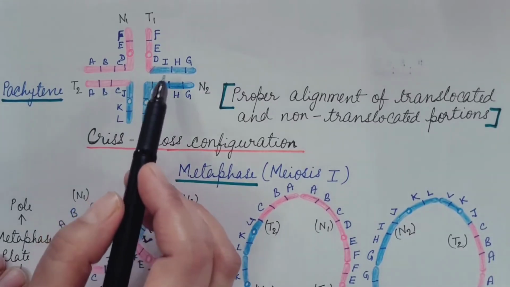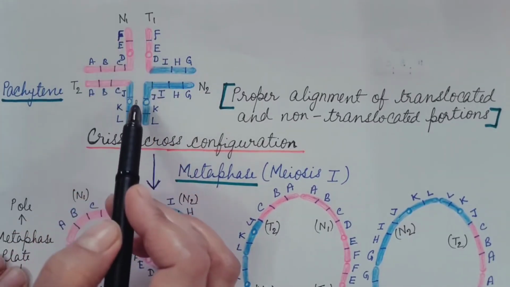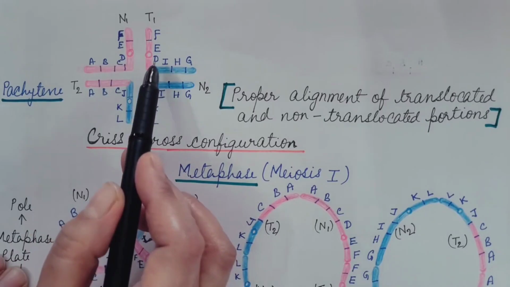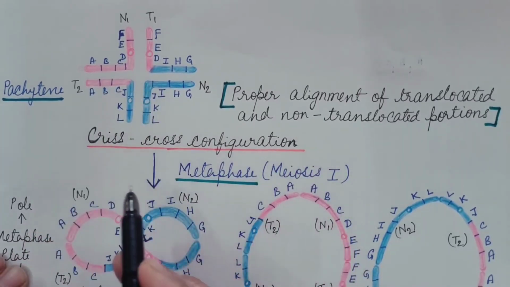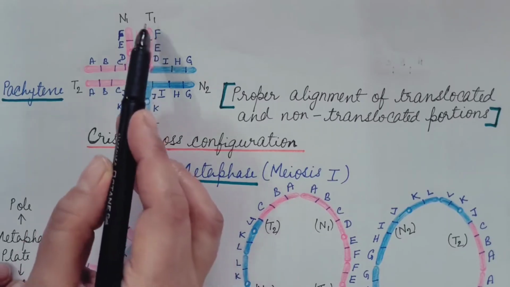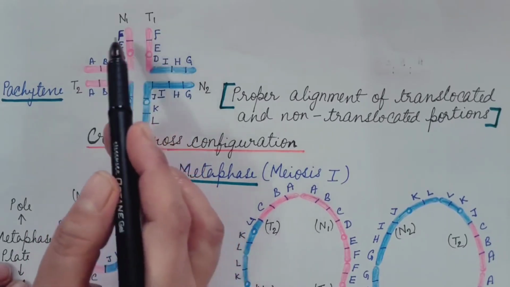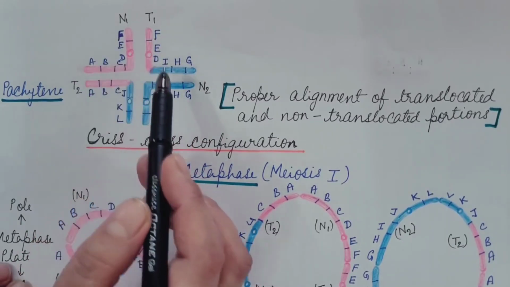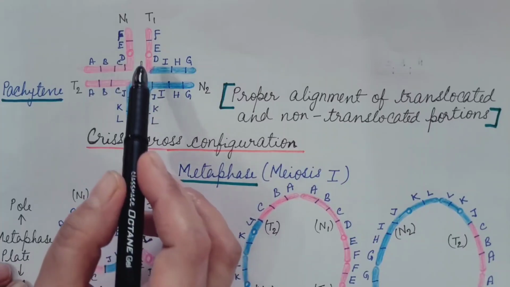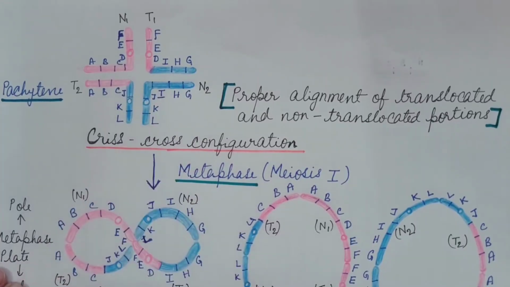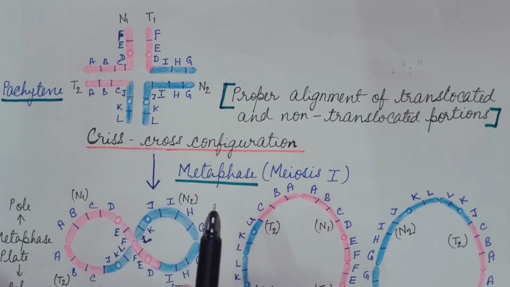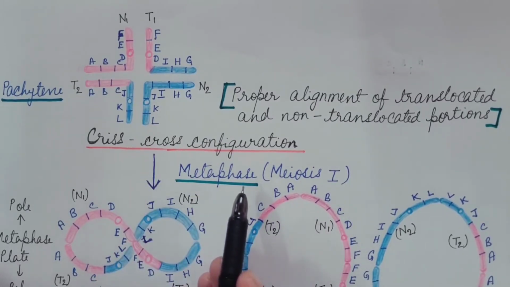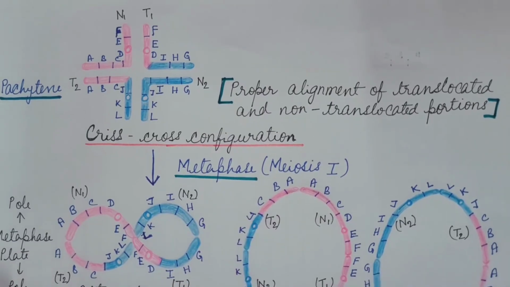So in order to properly align the centromeres and the chromosome segments, a criss-cross configuration is formed. Here we can see the pairing takes place among each other and all 4 chromosomes form a criss-cross like configuration.